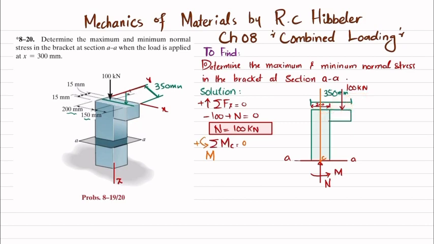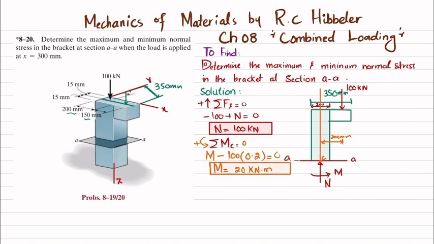So the distance from here till this point is 200 millimeter, and this vertical force times the perpendicular distance will produce clockwise rotation about point C. So I will write minus 100 into 0.2, since 200 millimeter is 0.2 meter. From here you will get this moment M equal to 20 kilonewton meter.